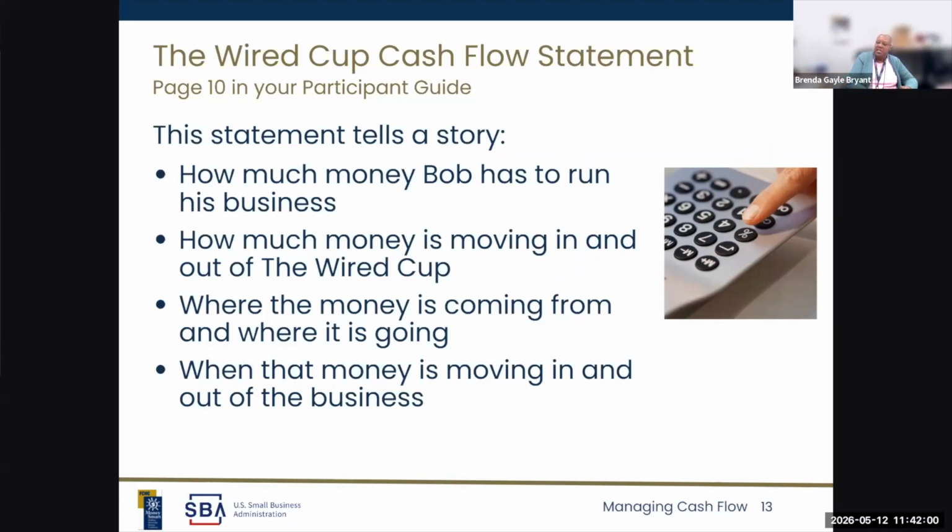Is he bringing in enough money to cover what he needs, out of the money that's going out? Where is his money coming from and where is it going to? And when that money is moving in and out of the business. So I need to know the amount, but I also need to know timing.